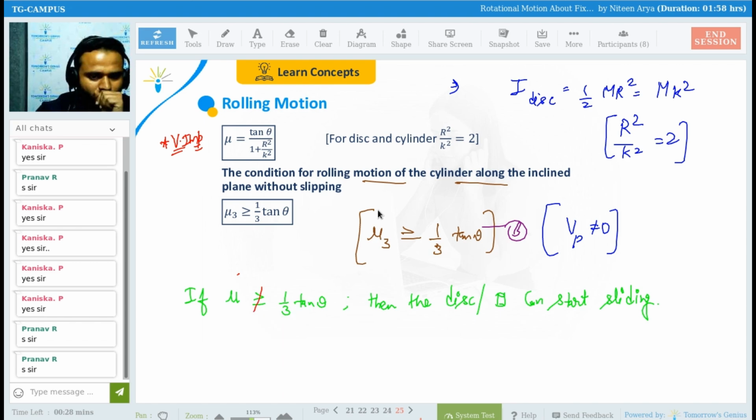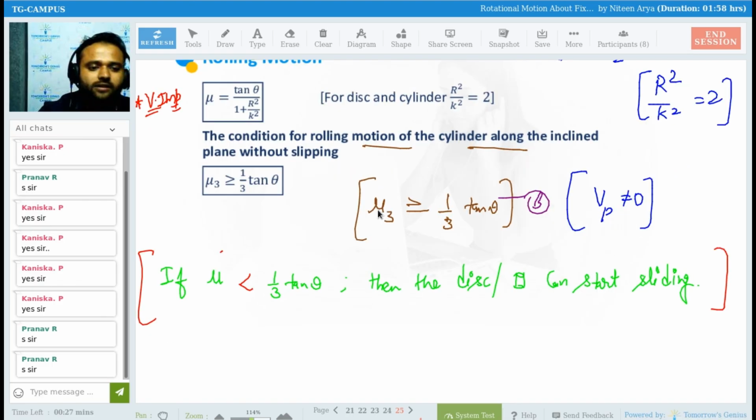Means if mu is equal and less than, not equal. This is the correct. Means if mu is lesser than this 1 by 3 tan theta, then the disc is going to slide. It is not going to roll. Clear, everyone?